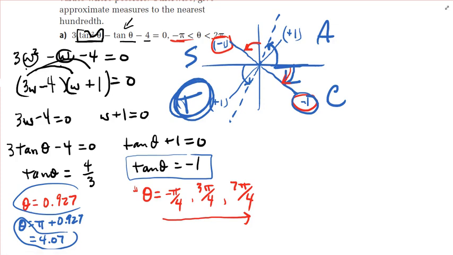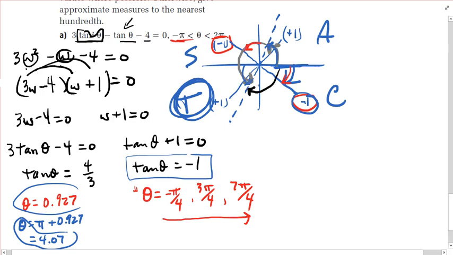And if you notice, we went positive direction, right? We also have to go negative direction back to this one, negative, right? So that's negative. So how do we find that? Well, again, reference angle, 0.927. So we got to go around to negative pi plus 0.927.